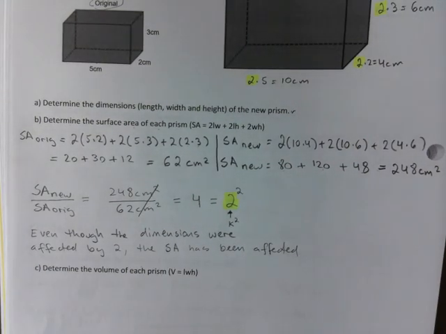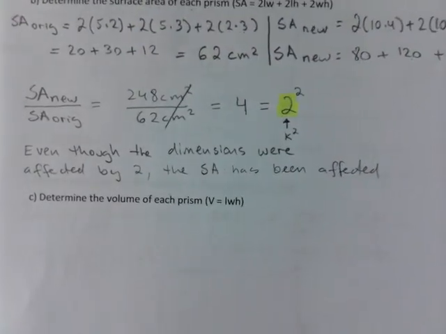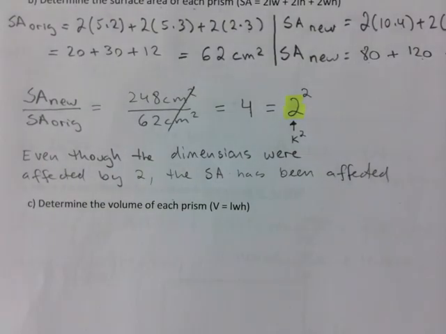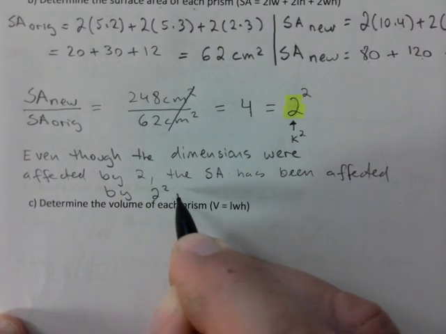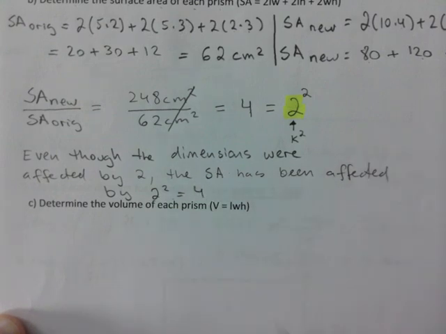Let me zoom into that. Some of you are squinting there. Is that better? Even though the dimensions were affected by 2, the surface area has been affected by 2 squared, which is 4. Okay? That's what I'm trying to get at here.